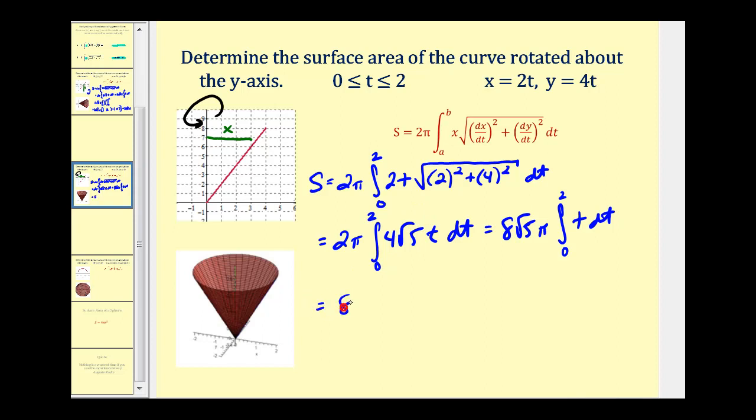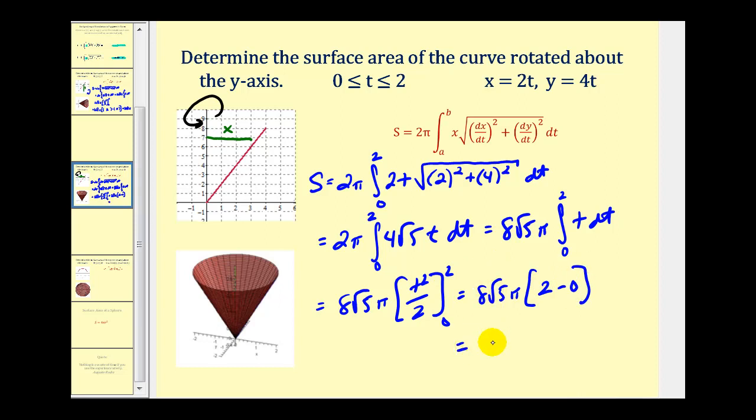The antiderivative of t is the same as last time, t squared over 2. So when t is 2, we'll have 2, and when t is 0, we'll have 0. So now the surface area will be 16 square root 5 pi.